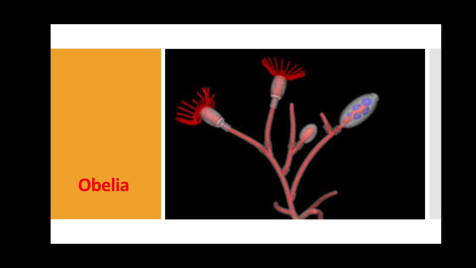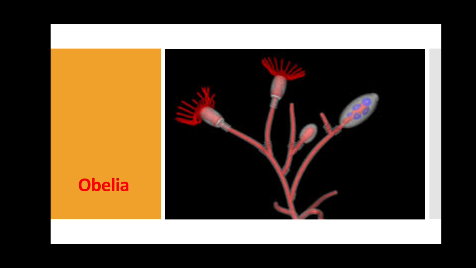So here you can see an obelia, which is hermaphrodite and which has the feeding polyp at the top, which is a red floral structure, and at the side the structure which shows the purple dots is called medusae.